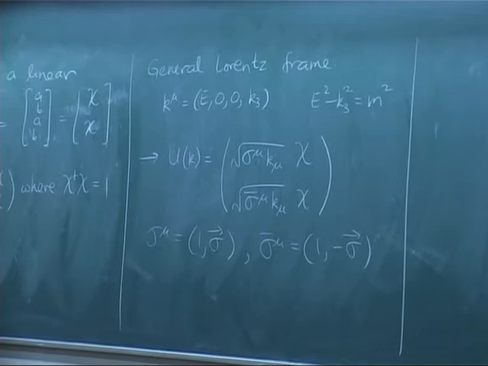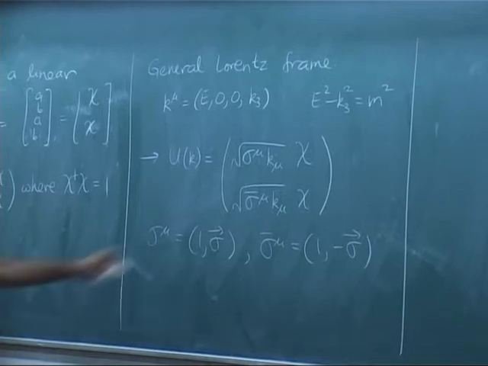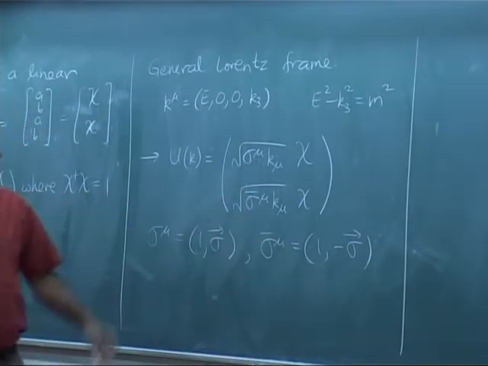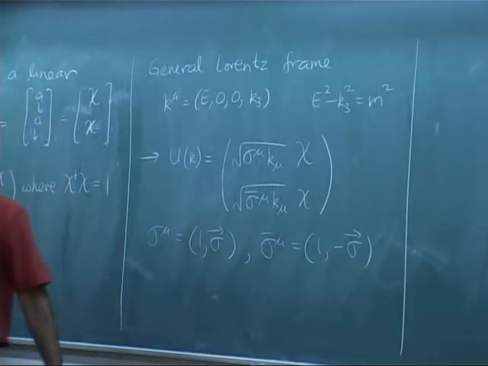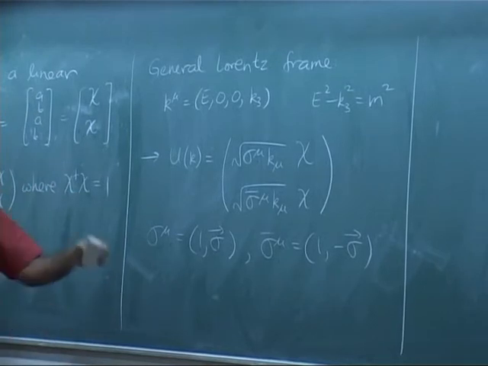Good. Now, what are these funny square roots? Well, the square root of a matrix, of course there's a sign ambiguity, but that we can fix somehow. It's something such that if I square it, then I should get that matrix.